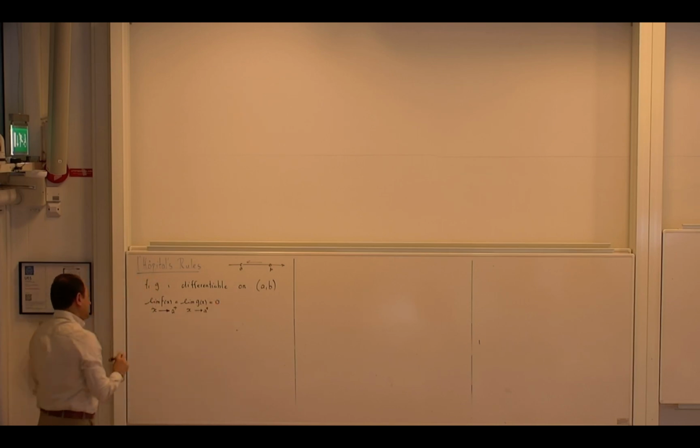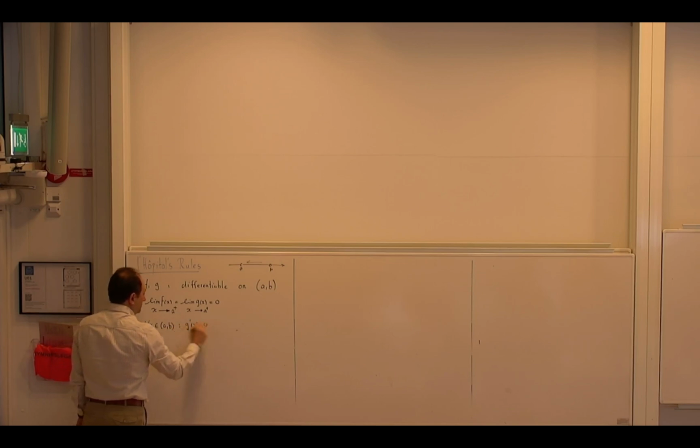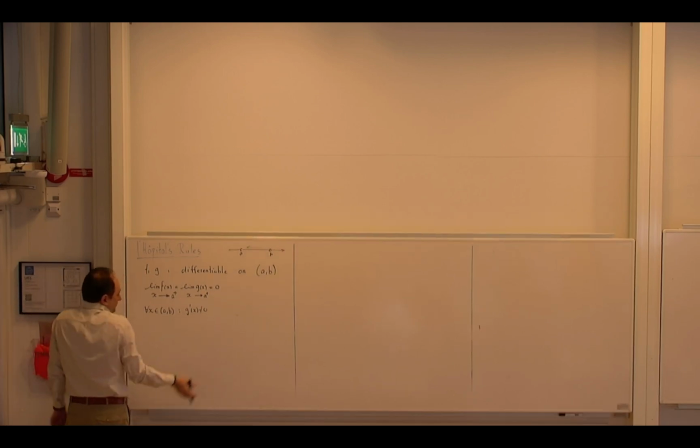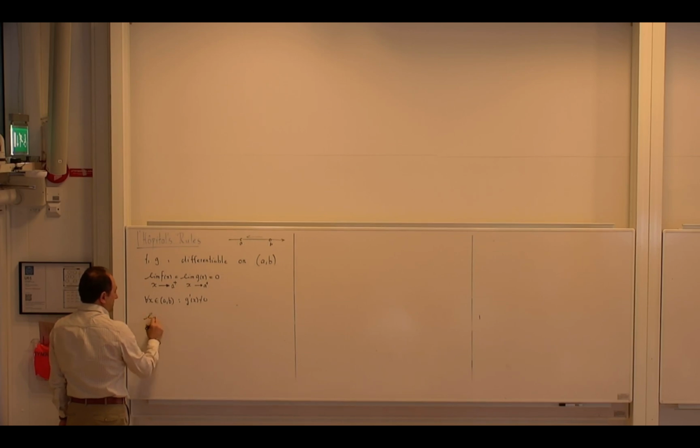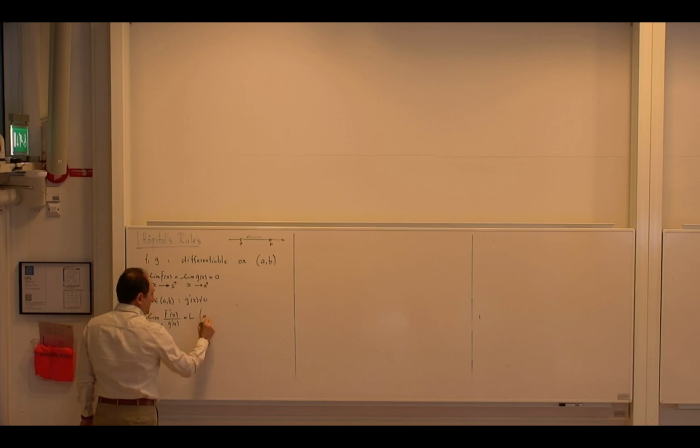And then for all x in this interval, g prime of x is not equal to 0. And we also know that for some reason this limit exists: the limit of the derivative of f divided by the derivative of g when x goes to a from the right is equal to L. It means it exists.